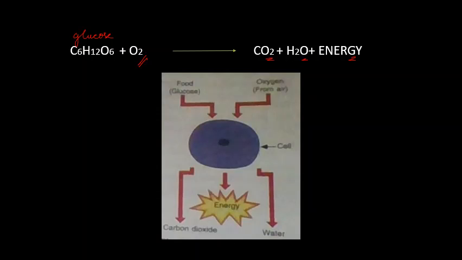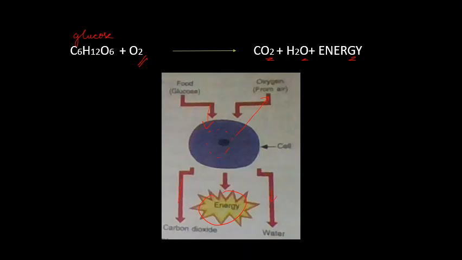Now look at this picture. The food, the glucose, gets assimilated inside the cell. The assimilated food reacts with oxygen and releases energy. And along with this energy, carbon dioxide and water are also produced.